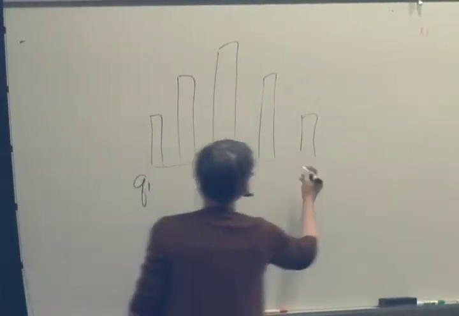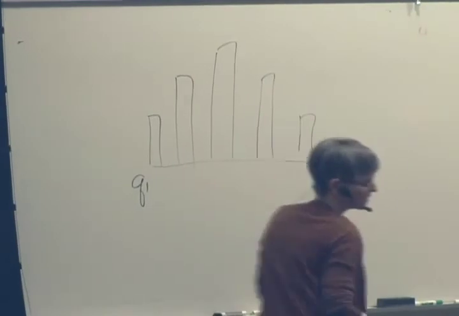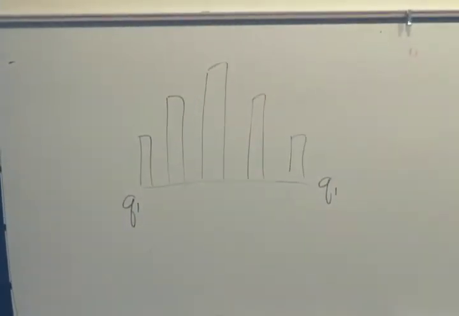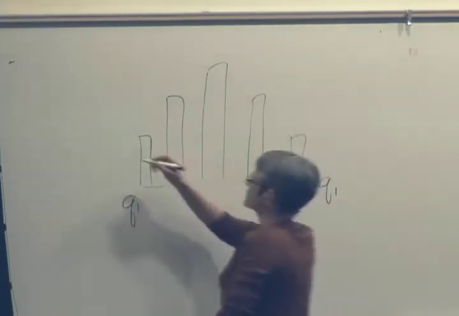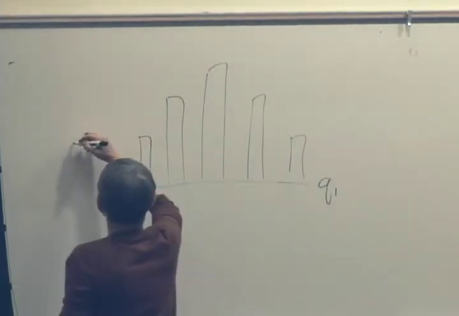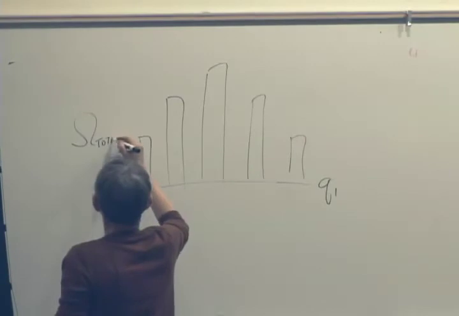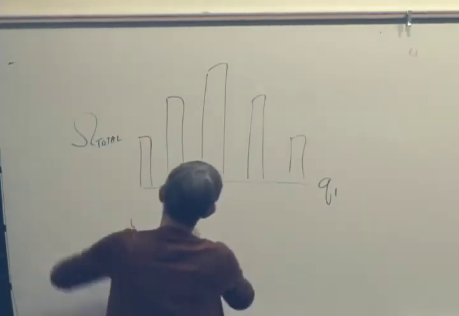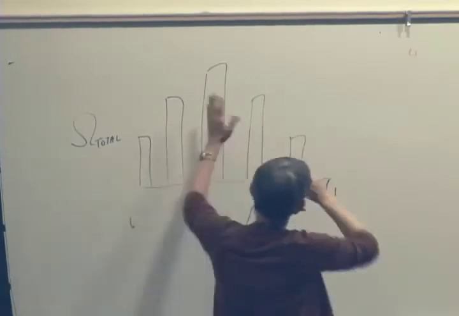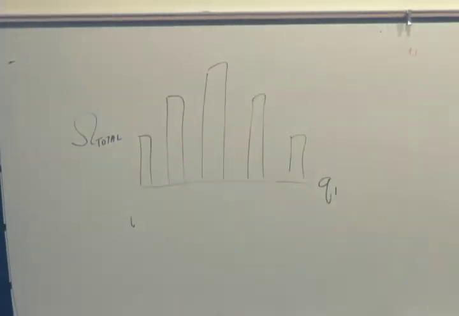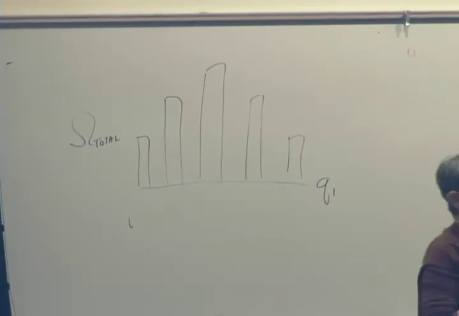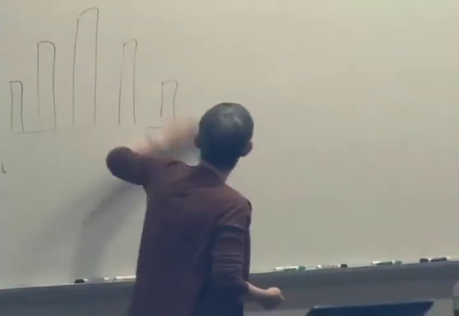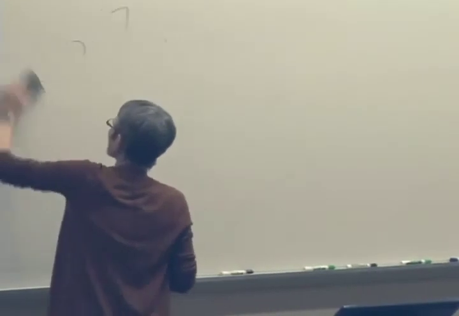This axis was Q1, the number of quanta in object 1, and this axis was the total number of ways of arranging energy between these two objects, and we found that one was more probable. There were just more ways to partition the energy equally. Well, we want to do this with bigger objects, okay?